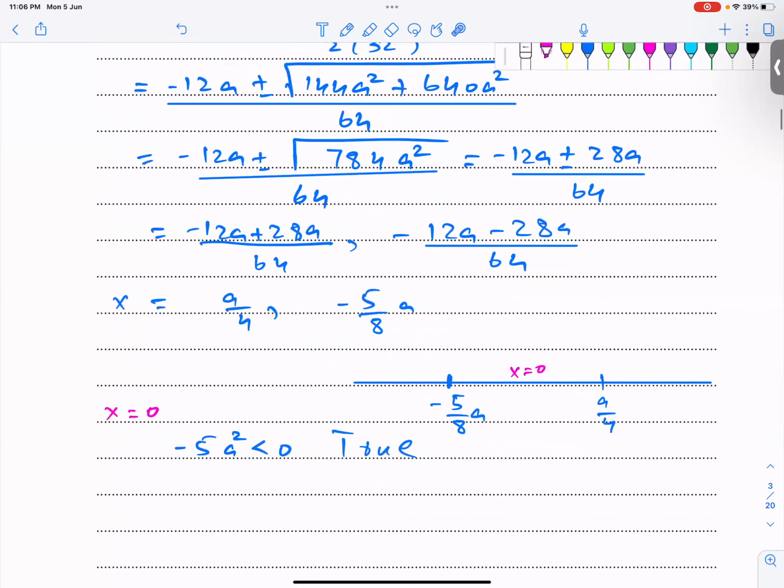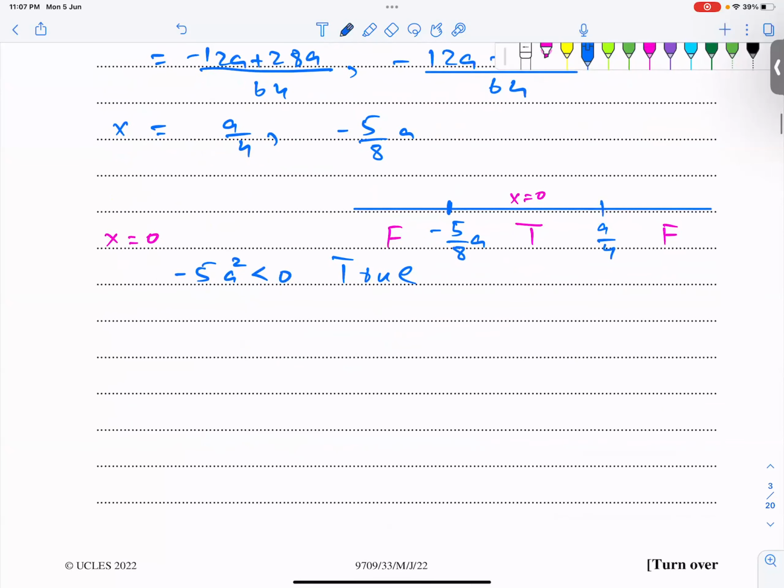Like in our question, the middle part was true, so I will mark T here, and obviously these two parts will be false. So the final answer of this question will be minus 5 over 8a less than x less than a over 4. Most of the students get confused in this question.